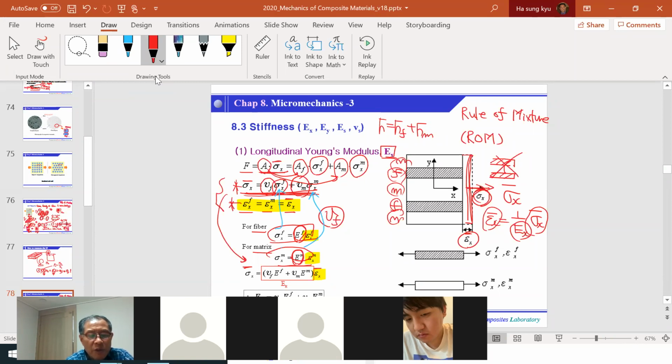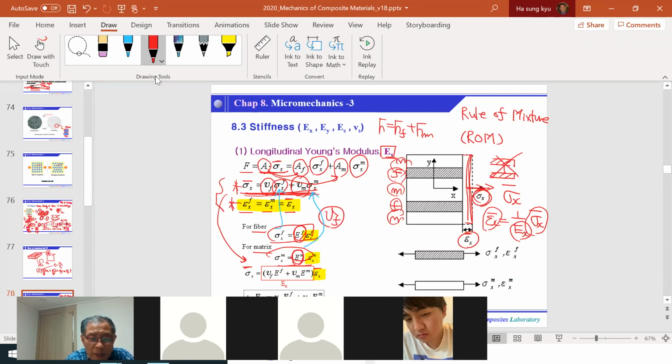Sometimes we don't have to have a bar, but to be consistent with the previous observation, we just put the bar. But if we don't have a bar, it will simply indicate ply or macro-level stress or strain.